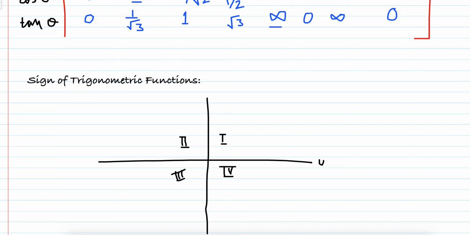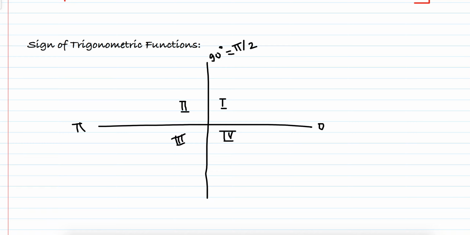First quadrant is from 0 to 90 degree, or pi by 2. Second quadrant is from pi by 2 to pi. Third quadrant is from pi to 3 pi by 2.